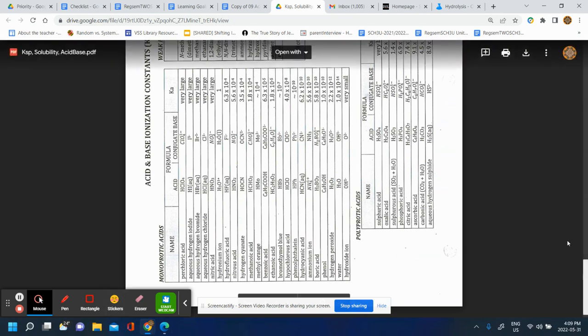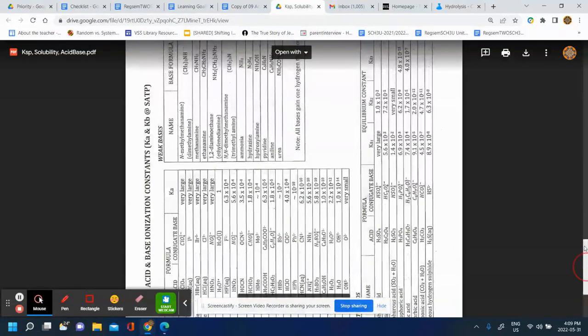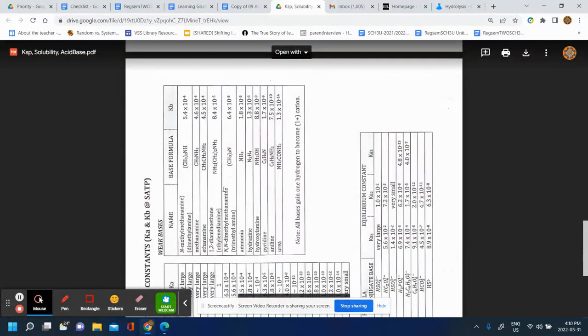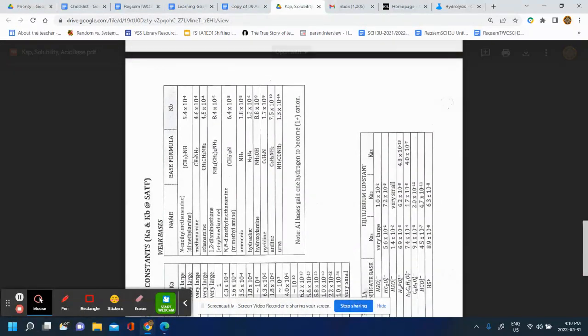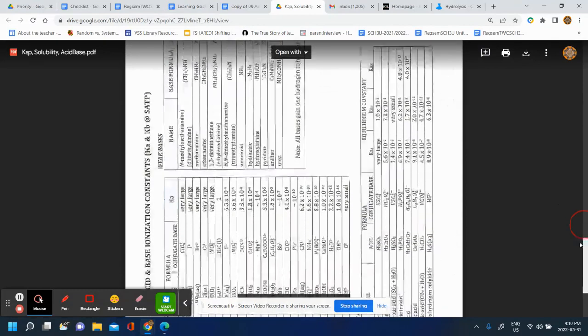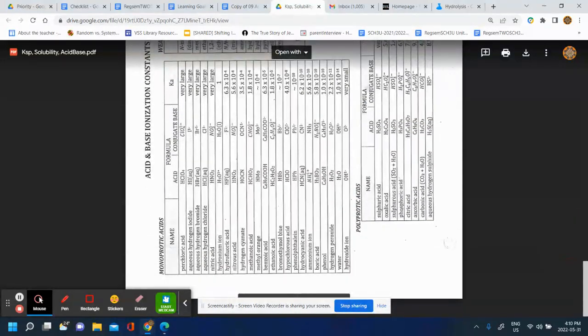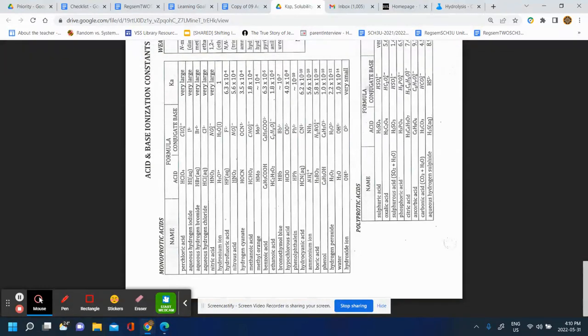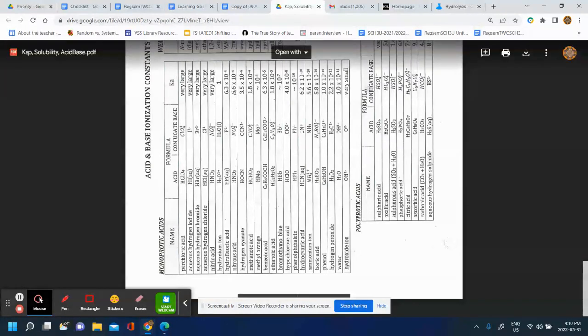Because that's acting as a base. So if we go to our base table, I don't see it. It's not there. But remember we learned a relationship at the start of this video series that if you have the Ka of the conjugate acid, 5.6 times 10 to the negative 4, you could find the Kb.